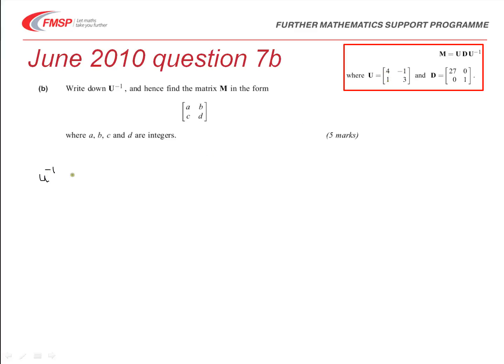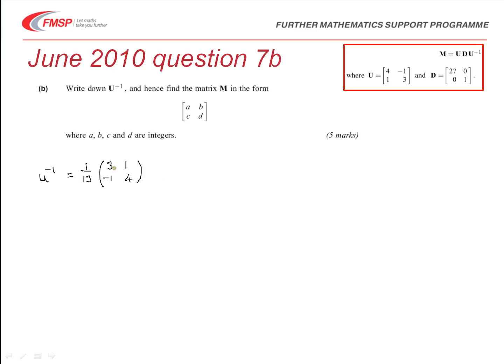So that gives you 13. So that gives us 1/13 of, and we swap the a and the d round, so that's the 3 and the 4, and the other two entries we change the sign. So that gives us our inverse matrix.